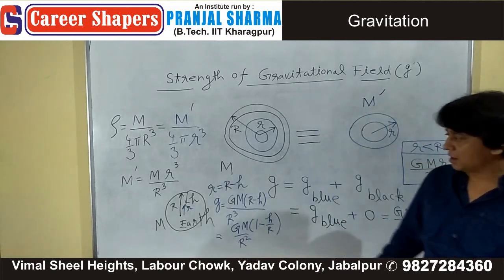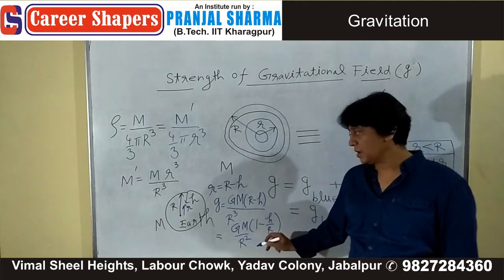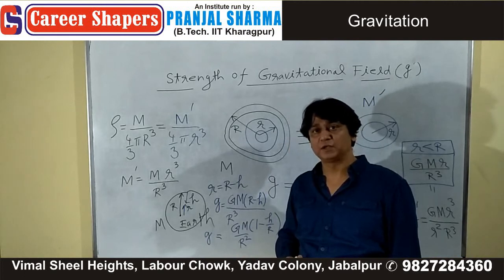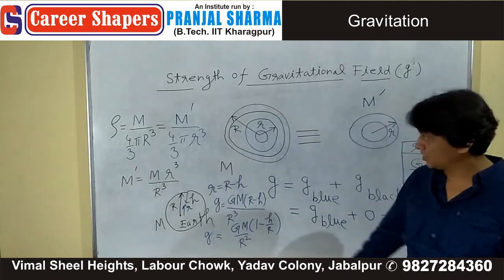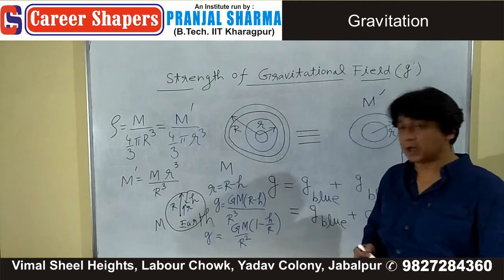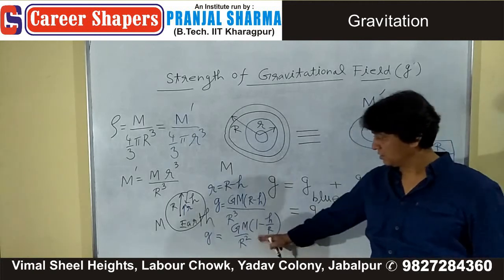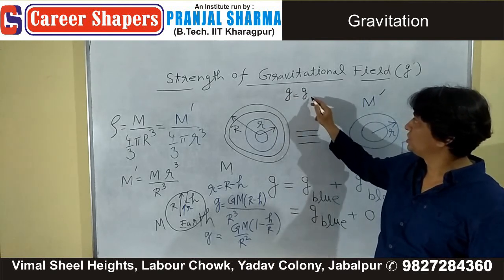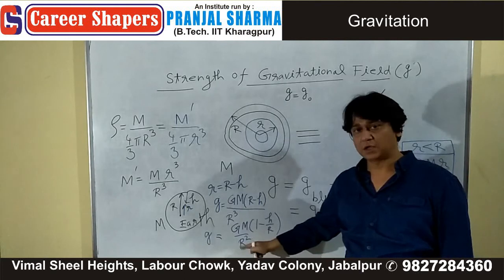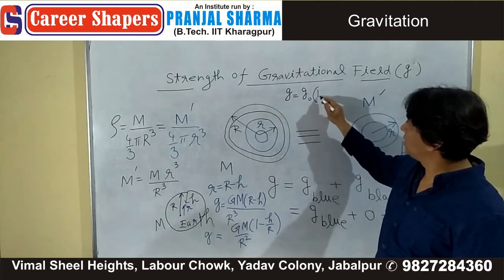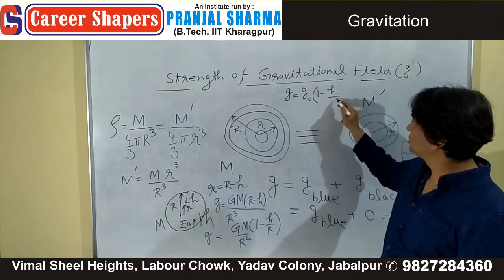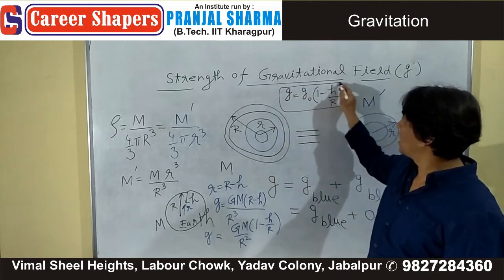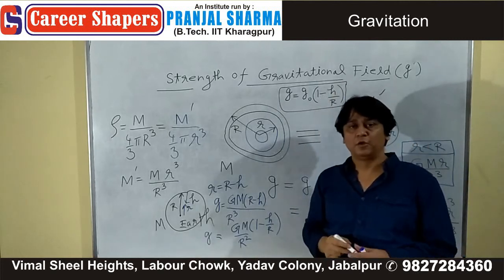Now what is G M by R square? G M by R square was the gravitational field strength on the surface of Earth, and therefore this G M by R square is g naught, which gives us g as g naught multiplied by 1 minus h divided by R. That's the formula without any approximation.